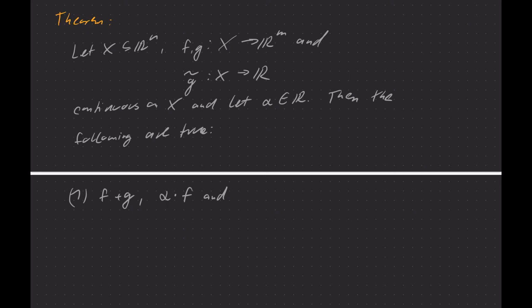We just have a look at the continuous functions g tilde and f. So we multiply the vector valued function f with the real valued function g that is obviously defined. All of those are continuous on X.